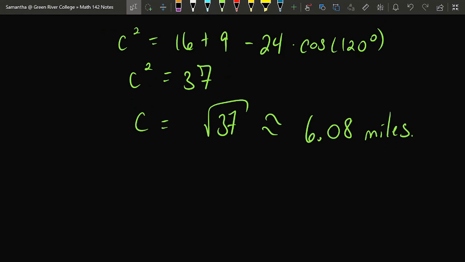Today we introduced the law of cosines, which is a tool that can be used to help us to solve non-right triangles in the SSS or in the SAS case. Law of cosines can be pretty nice because if you're using it to calculate an angle, you can rely on arc cosine to accurately produce even obtuse angles, which was something that the law of sines could not really do.